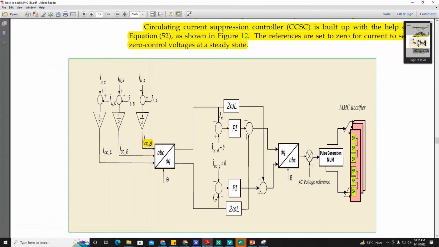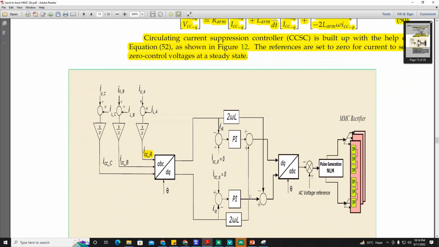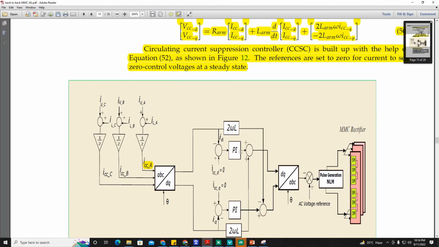So this is basically the circulating current. You convert from ABC to DQ, so this will be ID and the other will be IQ. You give a reference value of 0 to this PI controller. Our purpose is to make this circulating current's D component and Q component 0. So this equation is put into this block diagram, which gives you the differential components VCCD and VCCQ.